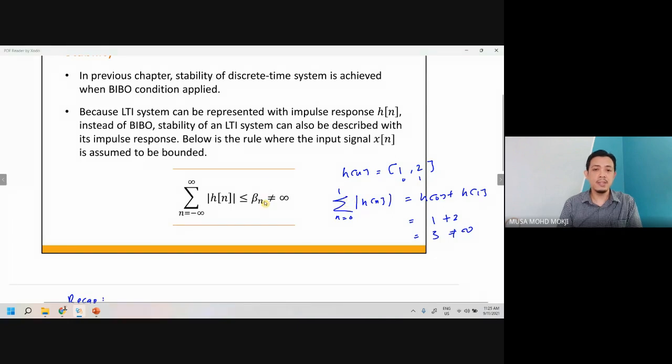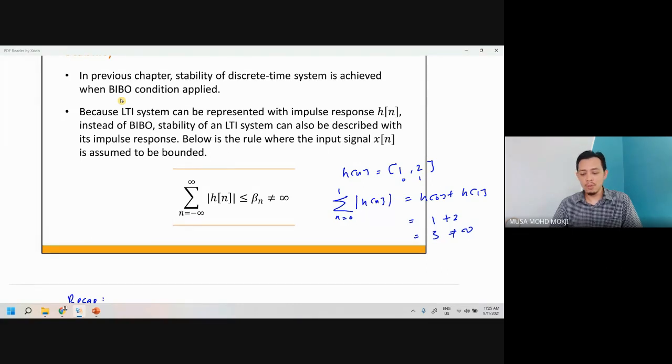And actually, this is easier to check rather than checking the bounded input, bounded output. Because for bounded input and bounded output, you need to be very intuitive. It means that you need to really understand the system. You need to really know what the possible input signal is, and then what the possible output signal is.